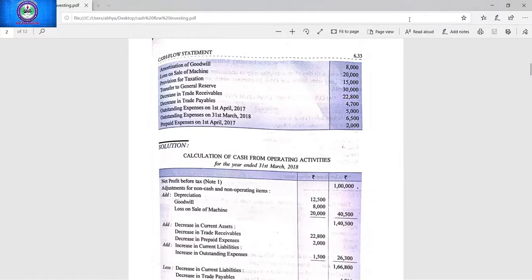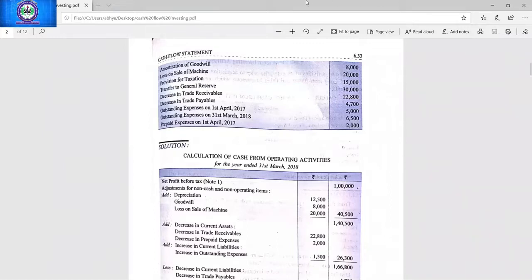So the same amount will be added in step 1 and the same amount will be deducted in step 4. Am I clear with this? You can write this point in your notes. If 2 years' provision for taxation are given, current year and previous year, then current year provision for tax will be added in step 1 and previous year provision for taxation will be deducted from step 4. This is what I told you.